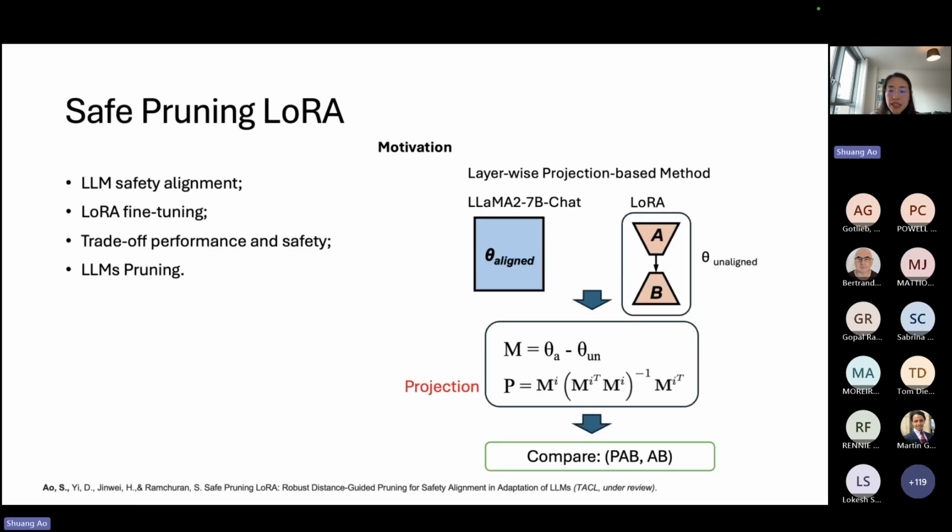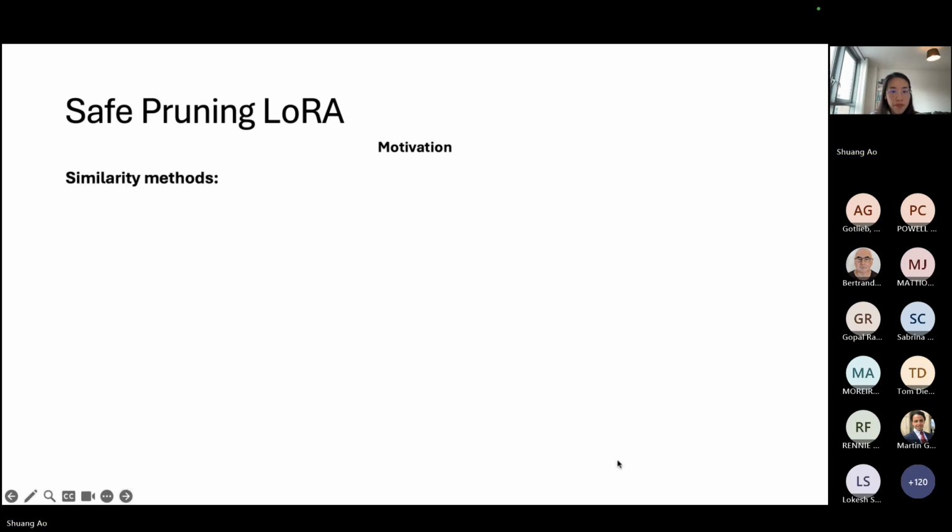Then we need to compare the similarity between these, which are actually two very high dimensional matrices. Then how do we compare them? The recent work, Safe LoRA, used a very naive cosine similarity between them.